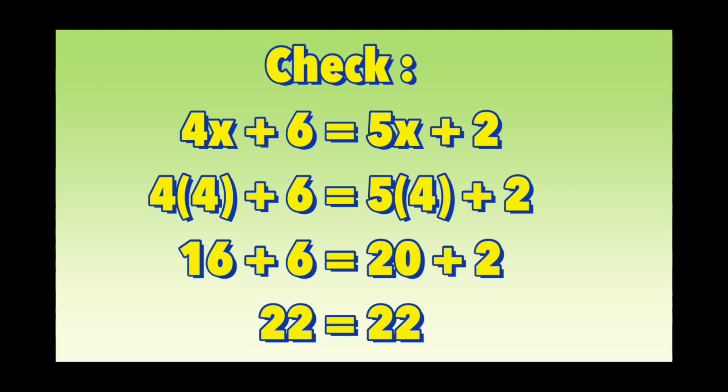Then 4 times 4 equals 16, plus 6; 5 times 4 equals 20, plus 2. Then 16 plus 6 equals 22, and 20 plus 2 equals 22. So since both sides are 22 and 22, the result of the equation is true. So our answer now is correct.